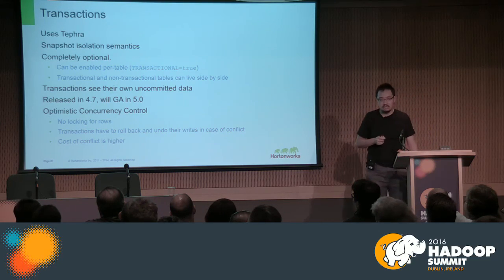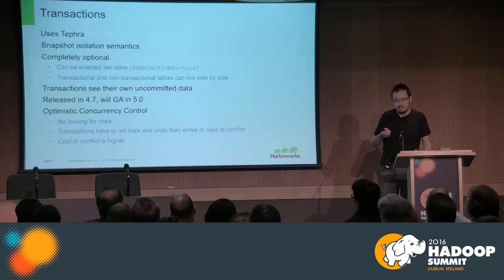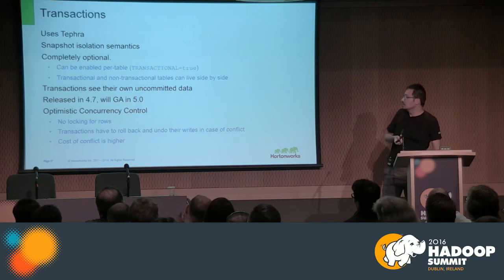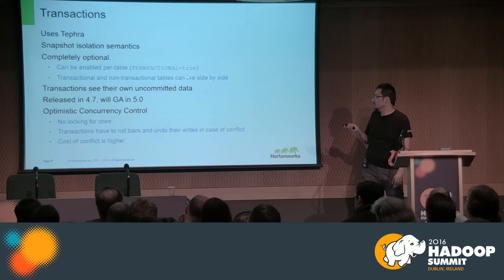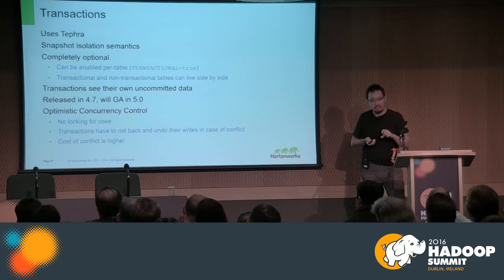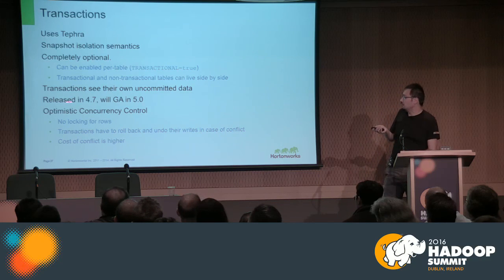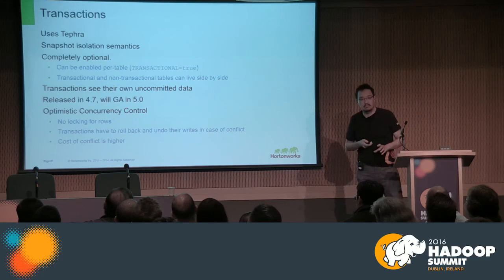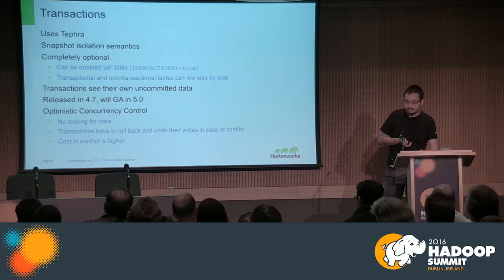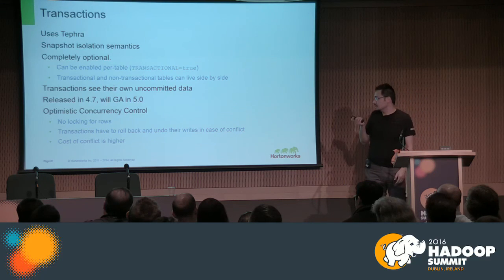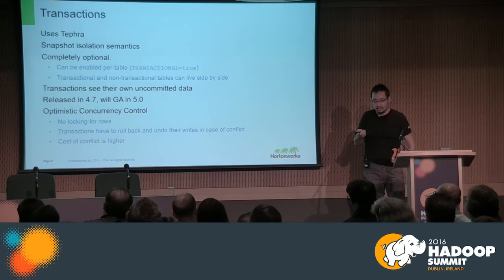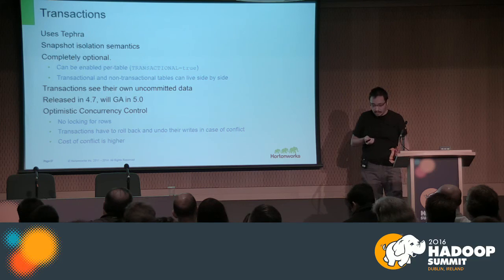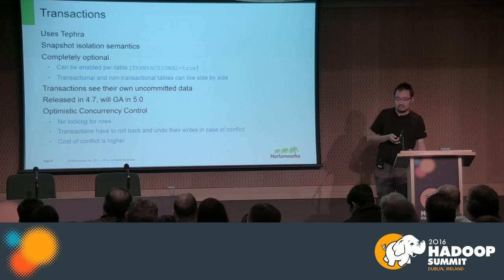This implementation is now completely optional. So you can enable a transactional table by setting this value at a per table level, and then you can have transactional and non-transactional tables in the same Phoenix cluster, right? The transactions can see their own uncommitted data, and it implements optimistic concurrency control.